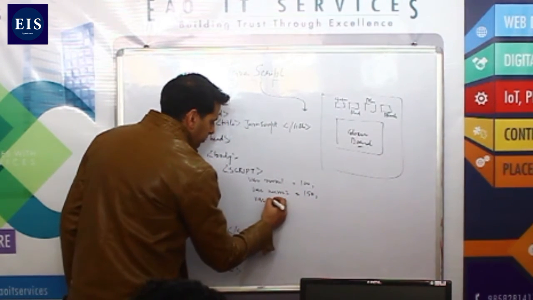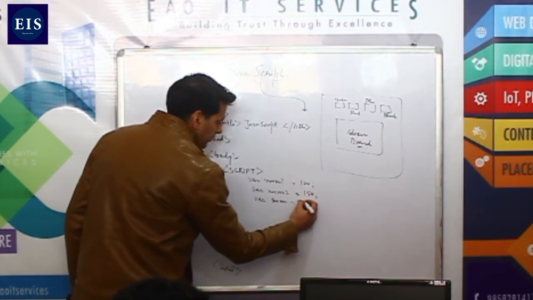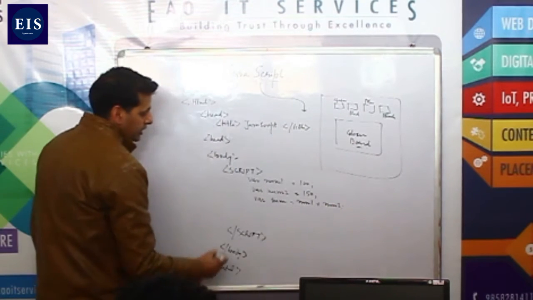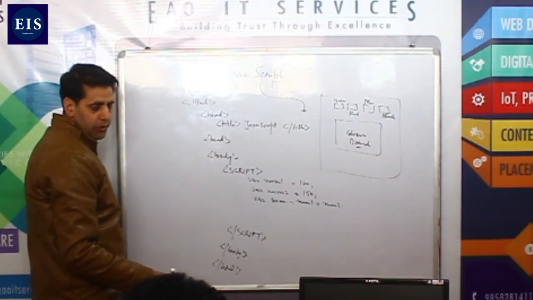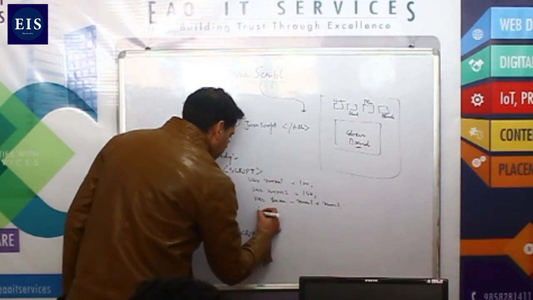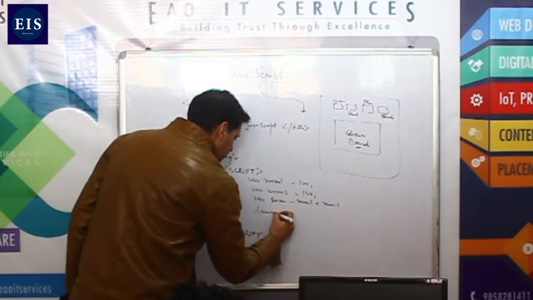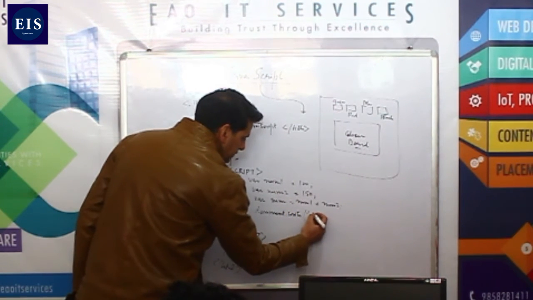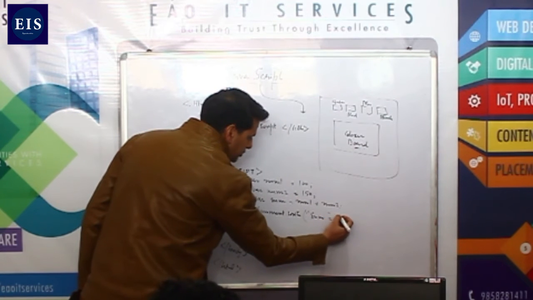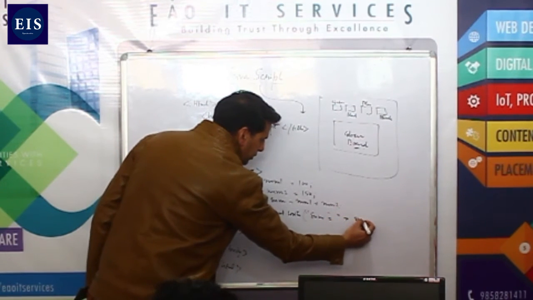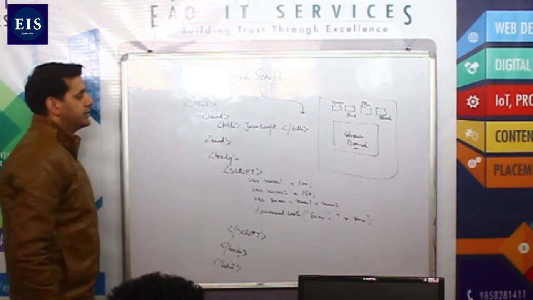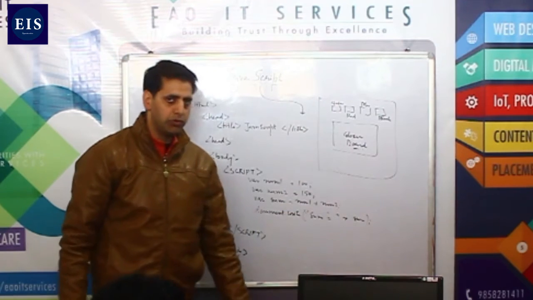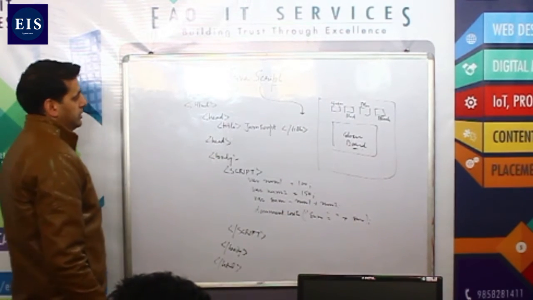We define another variable called sum, num1 plus num2. And when we have to actually print the sum, what was the function we use? We use document.write, sum equal to plus sum period. So this is the simple program where it will print the sum of two variables within the HTML document.